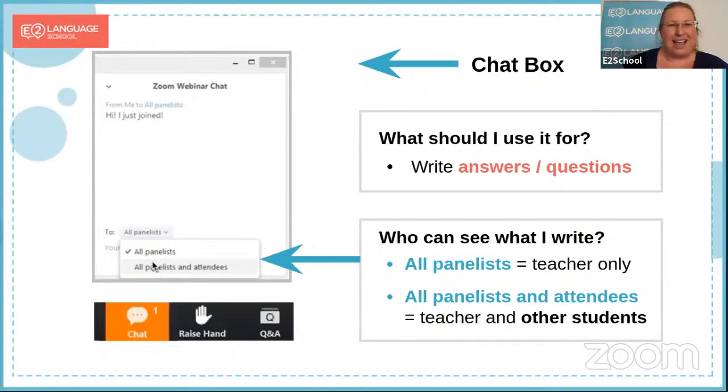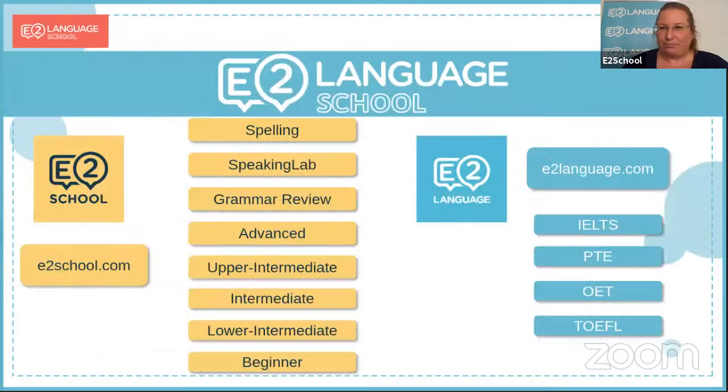before I take you across and show you around your account. What I've got is two schools. We've got E2School.com, the yellow one, and we've got E2Language.com, which is the blue one. The big difference between these two schools is that the blue school, E2Language, is all about test preparation.